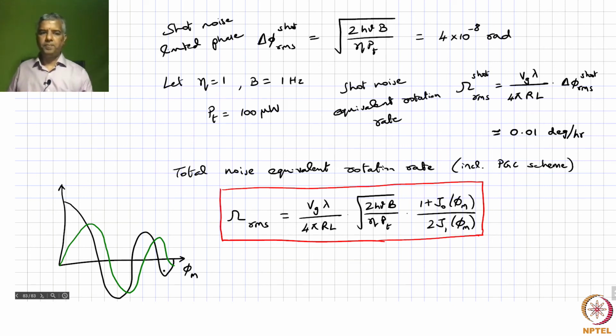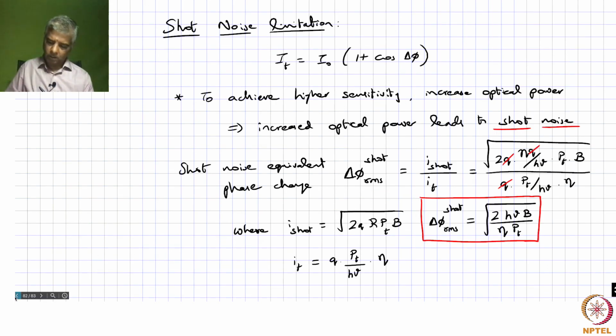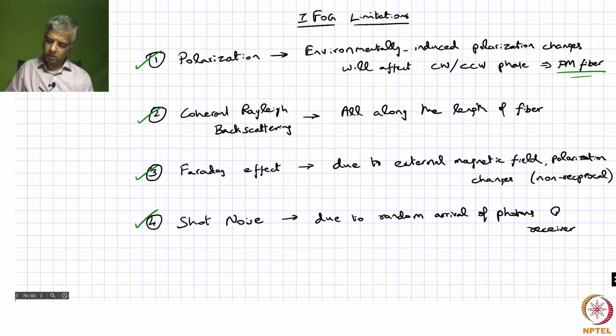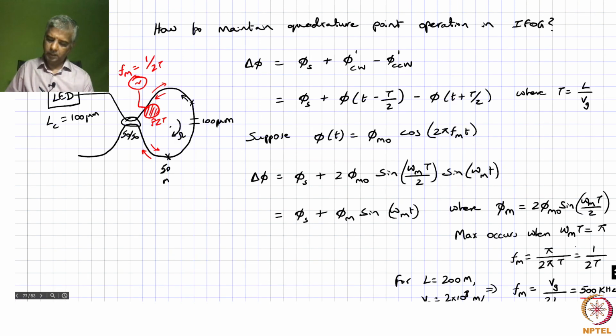Okay. So you want to pick a point where J1 of phi m goes to a maximum. Phi m, mind you, is your free parameter. Phi m actually depends on, like we talked about, phi m naught multiplied by sine omega m t over 2.